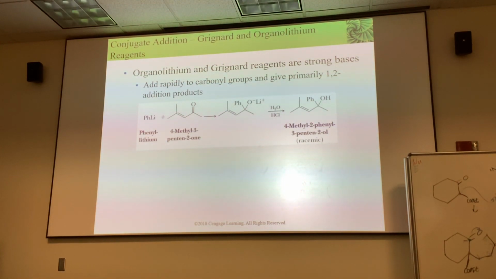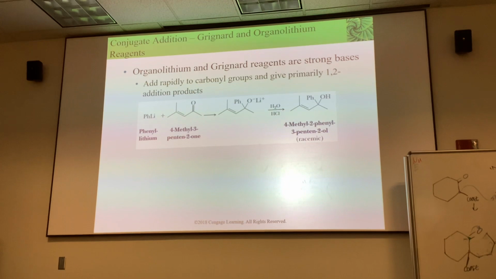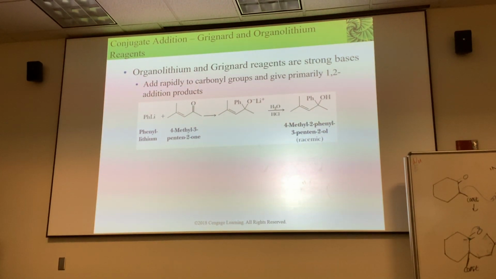So this is like an alkane that's been deprotonated, pKa of like 50, so it's going to go ahead and react quickly. It's going to attack the first thing it sees, which is going to be this guy, the most electropositive or electrophilic carbon, and you're going to get this. So this is what you're going to get with Grignard and organolithium reagents. Just like we thought we would get.